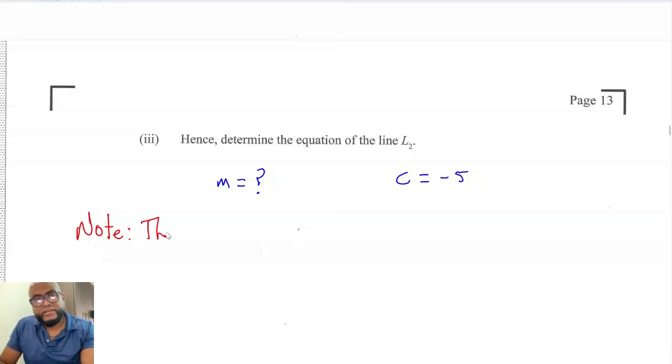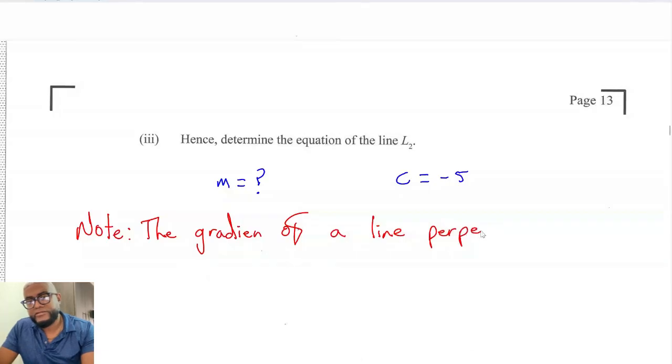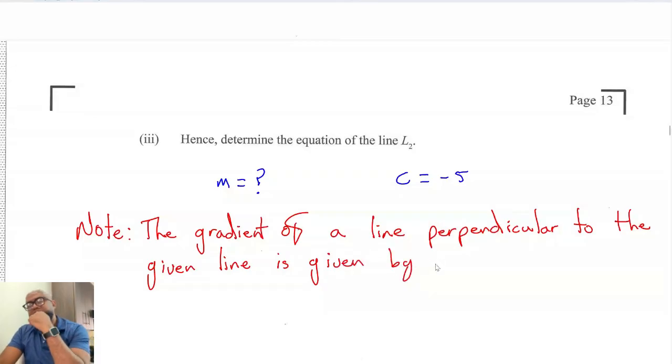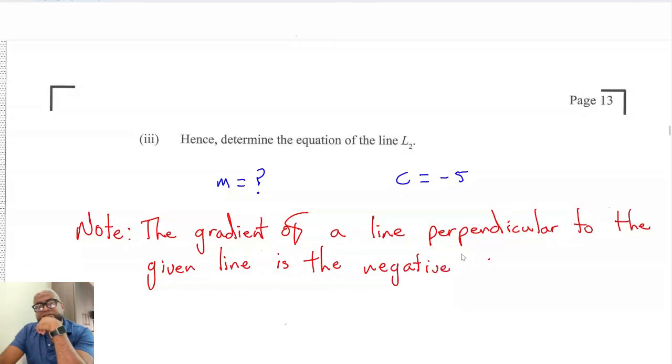Note: the gradient of a line perpendicular to the given line is the negative inverse. Is the negative inverse.